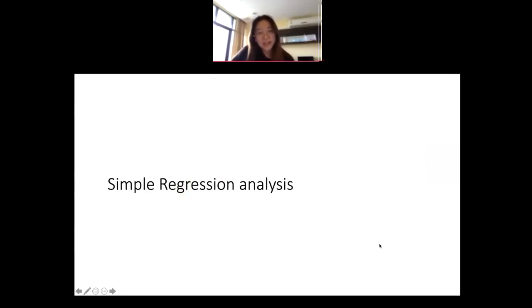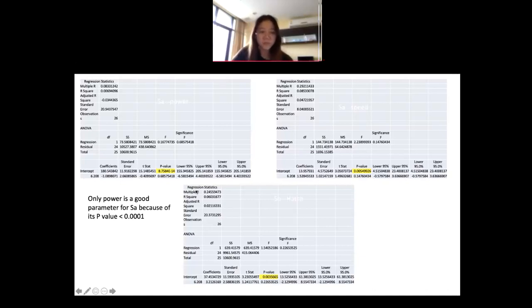And then I also did simple regression analysis with that data. First, I used simple regression for SA and power, the first picture, and the p-value is lower than 0.0001. This value of 0.0001 is found in article 1 that I read when I first came here, so I use that as a reference.